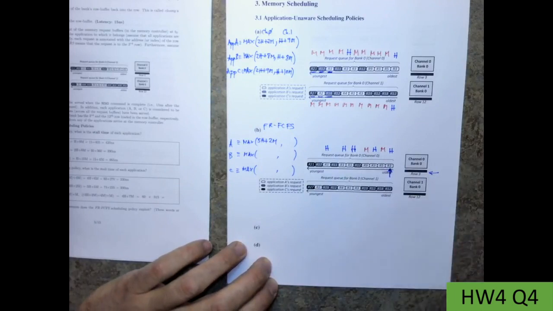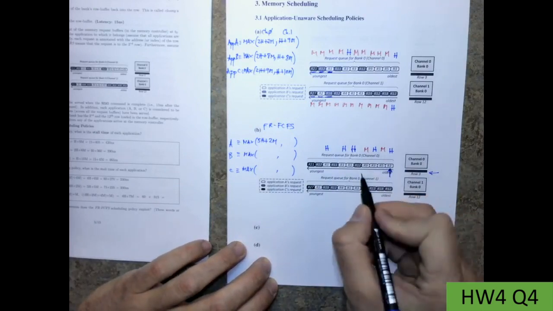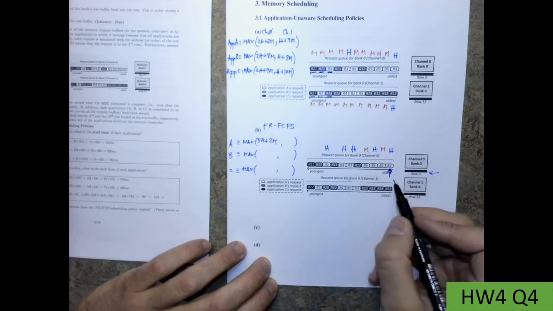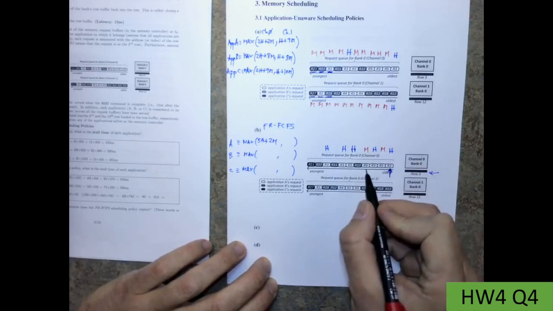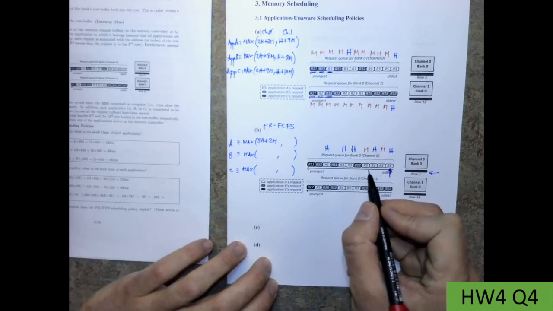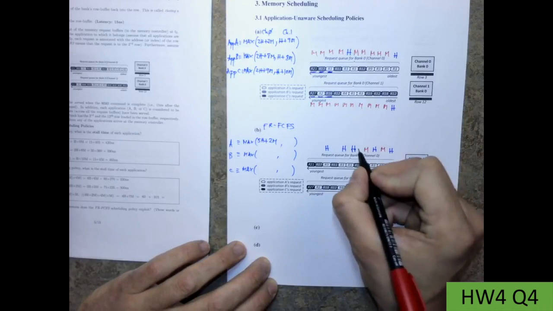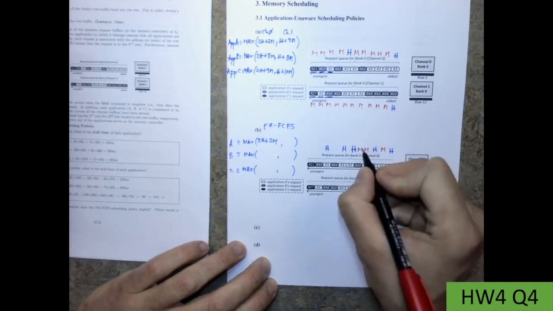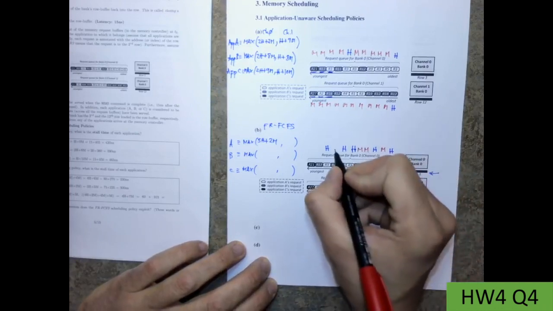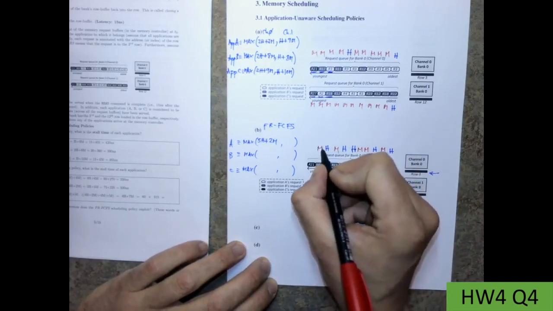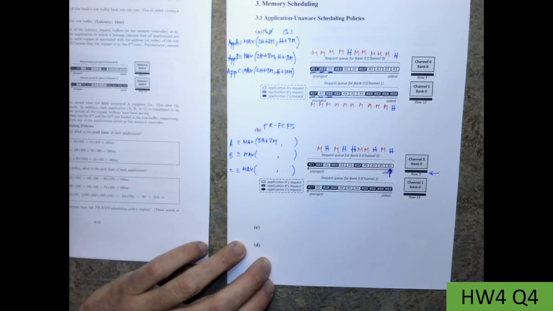So then, if we consider application B, observe that here, once we have finished with request to row 9, the next request is to row 12. This will entail a miss. Next one is to row 11. This is also a miss. And the last one is to row 17. It's also a miss.